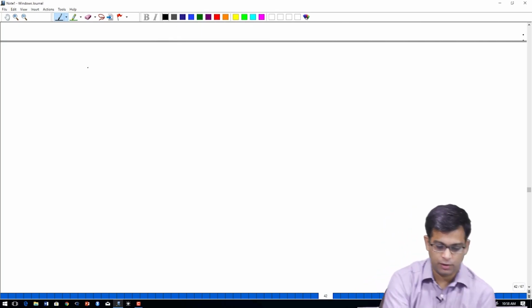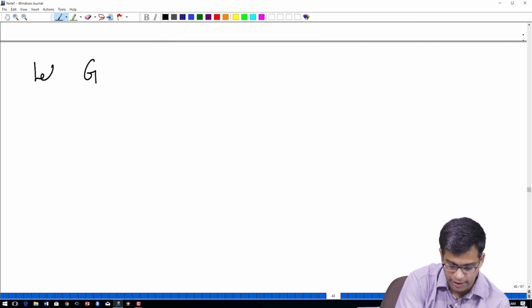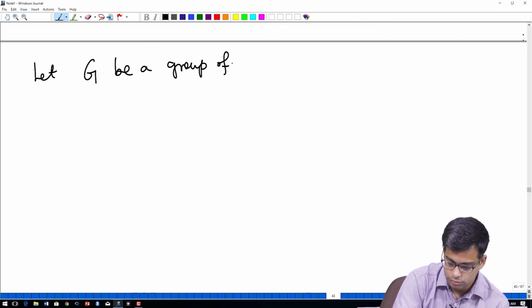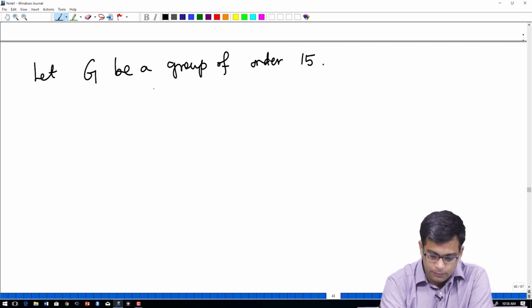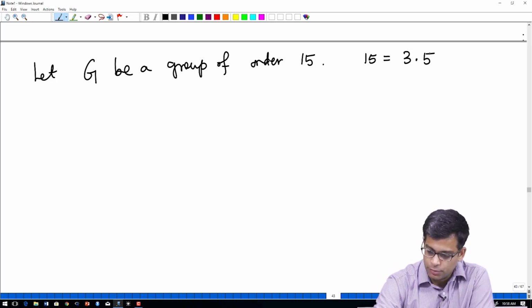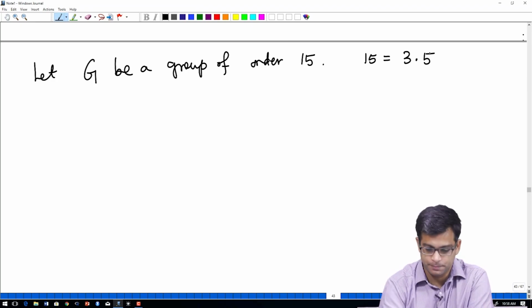So now let us work with an arbitrary group. Let G be a group of order 15. So let us look at how 15 decomposes as a prime factorization. So it is 3 times 5.